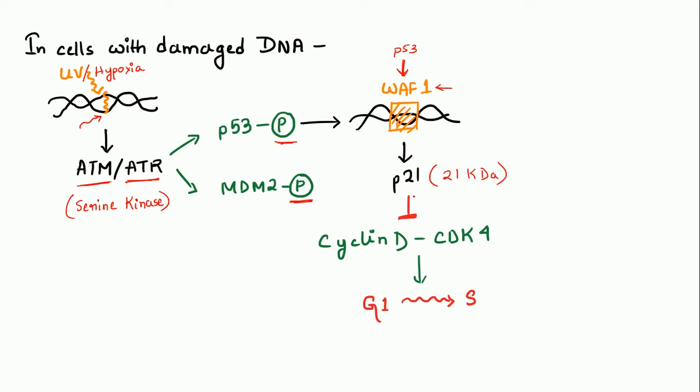Now what happens in a normal cell? There is this transition from G1 phase to the S phase. This G1 phase is called the gap1 phase in the cell cycle, and this S phase is the phase where DNA is replicated.